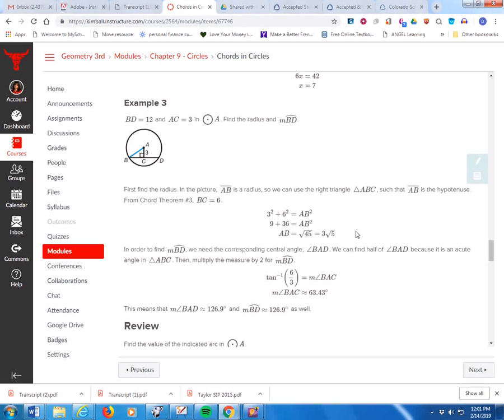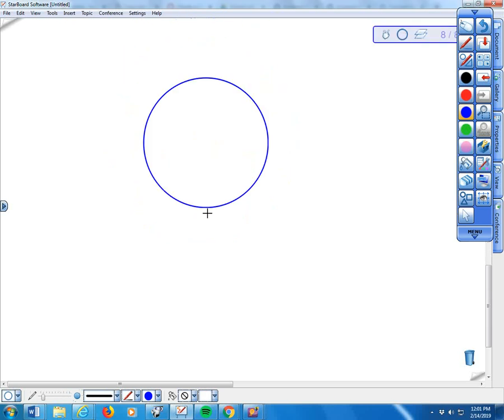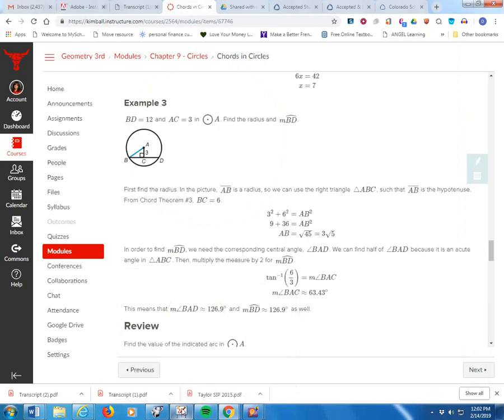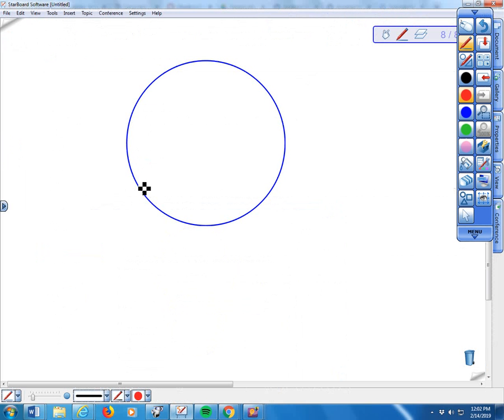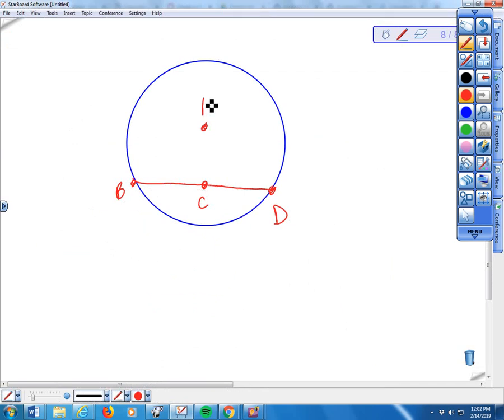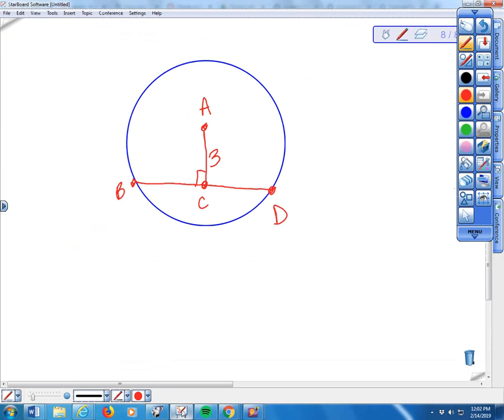BD is 12. BCD. And A is up here. So we're given this information, and we want to find the radius of the circle.